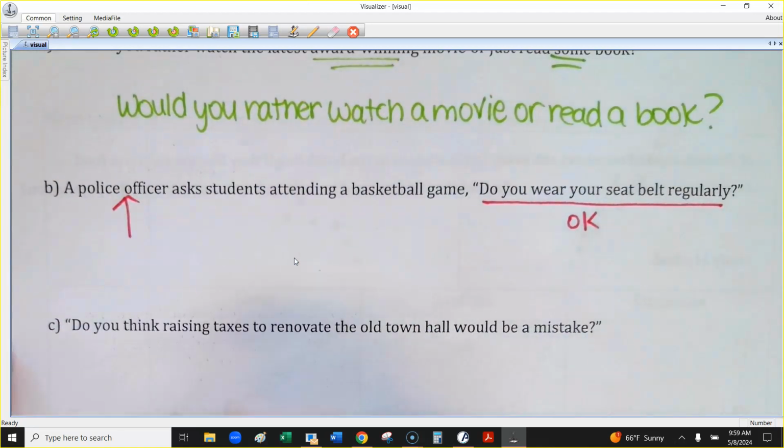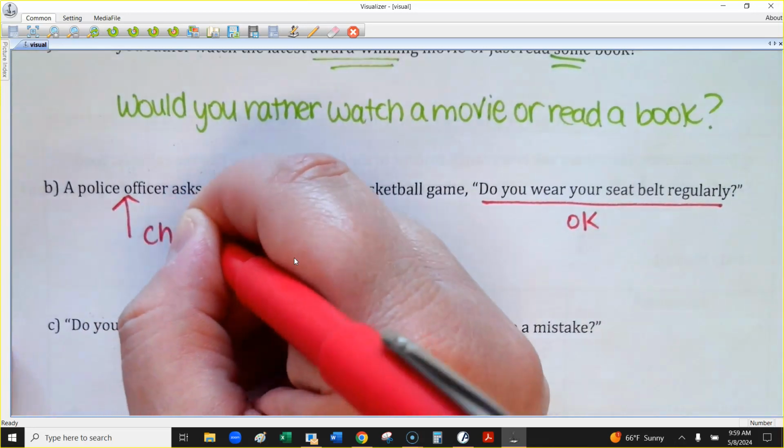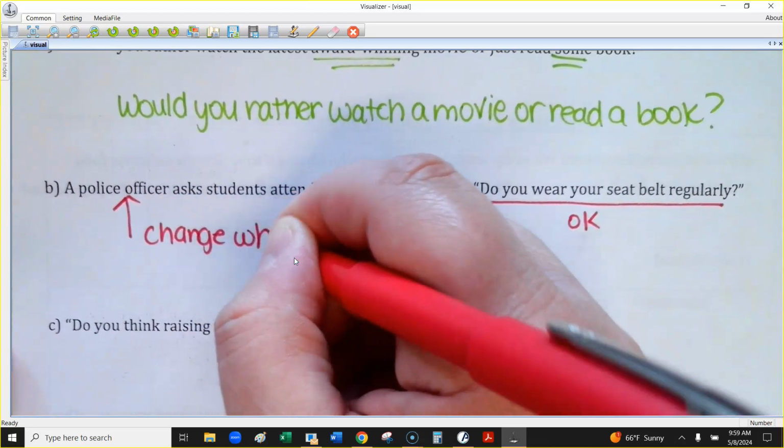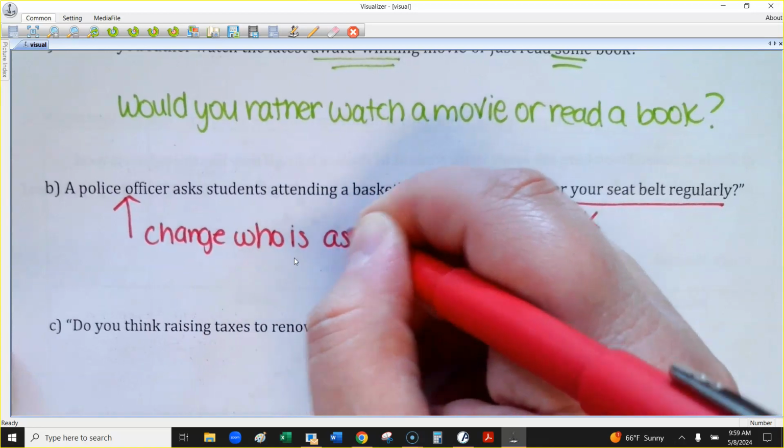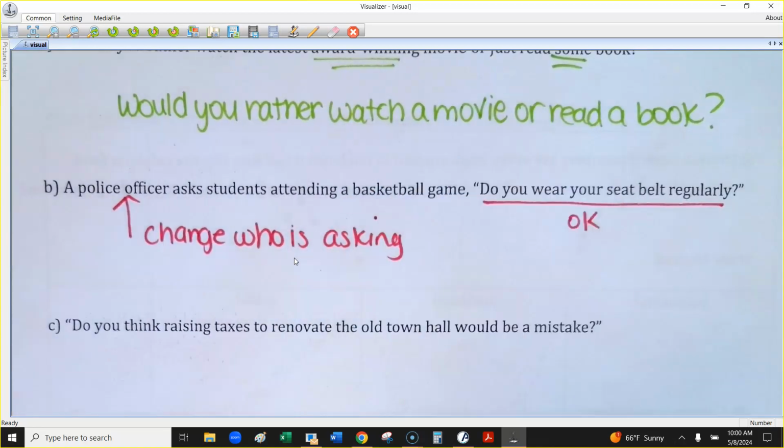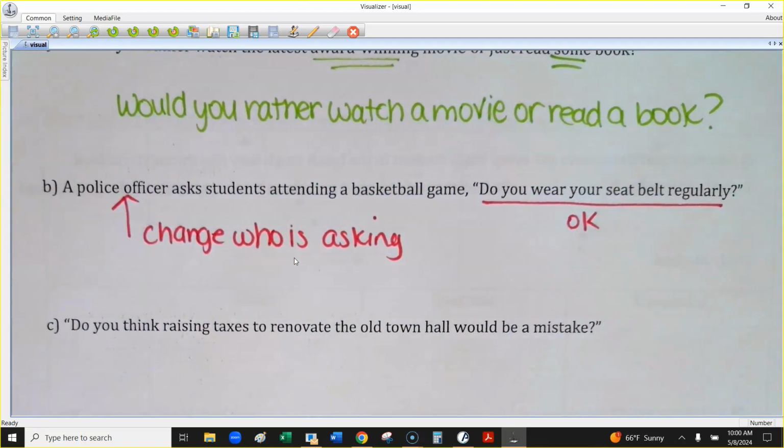So you have to change who is asking. Maybe you don't have a uniformed police officer walking up and saying, hey, do you follow the law? You have maybe another student at the basketball game. The question itself is okay, but the person that's asking it makes it biased, because you'd be less likely to be honest if you don't wear it.